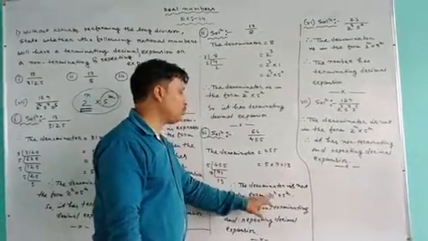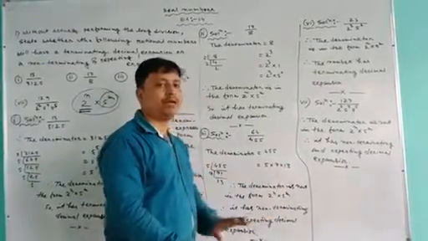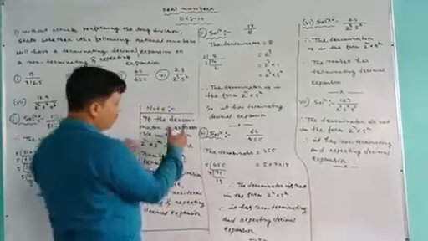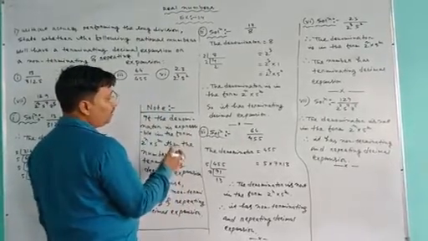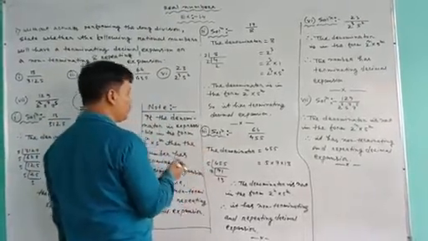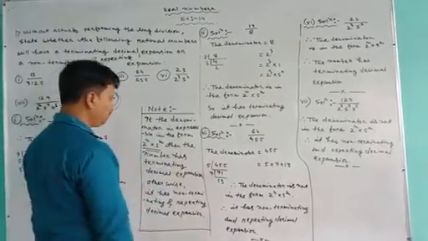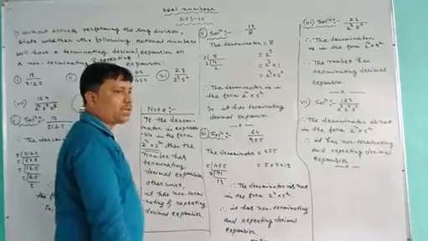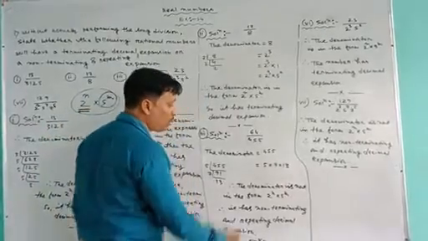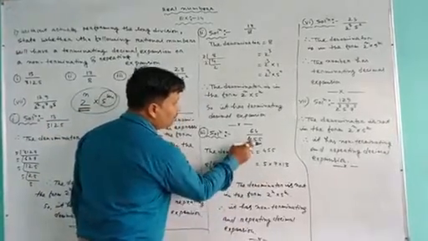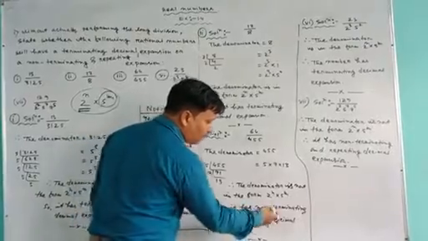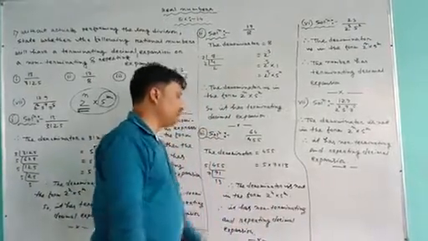What is written there? If the denominator is not in the form of 2 to the power n into 5 to the power m, then the number has non-terminating and repeating decimal expansion. So this number has non-terminating and repeating decimal expansion, which is written there.